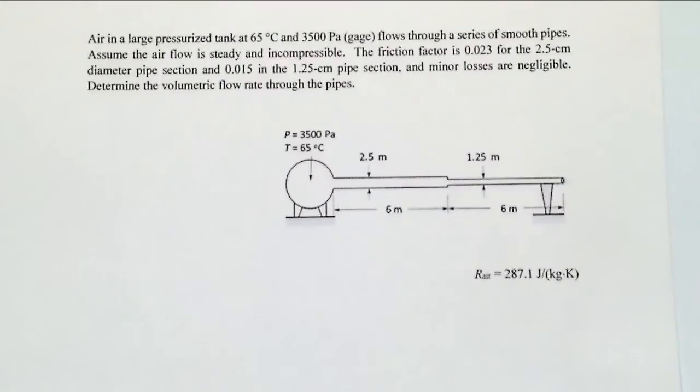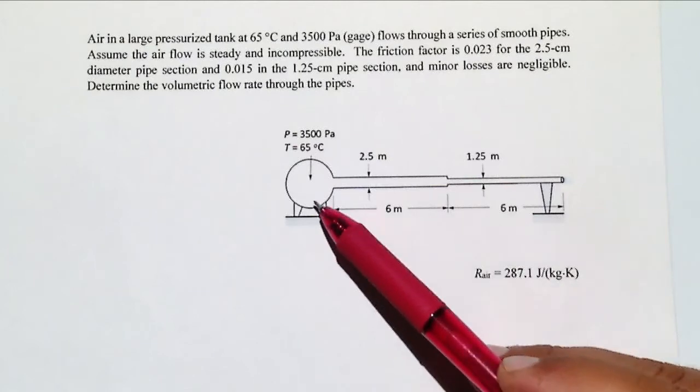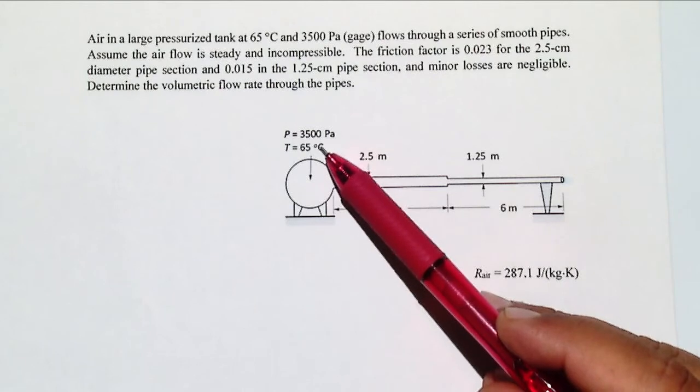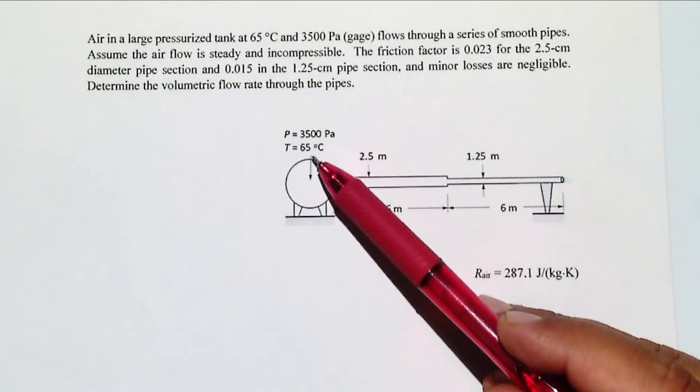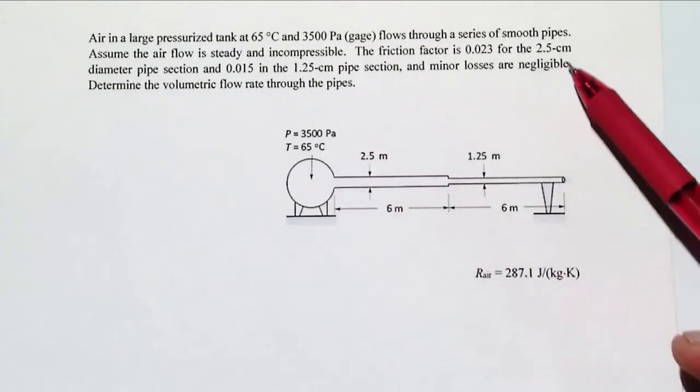So let's move on to the other question, which is for a pipe system but with a complex number of pipes, so 2 repeating parts. In this question you have a pressurized tank where the air is at 65 degrees, and the pressure is given as a gauge pressure equal to 3500 Pascal, and you have a series of smooth pipes.